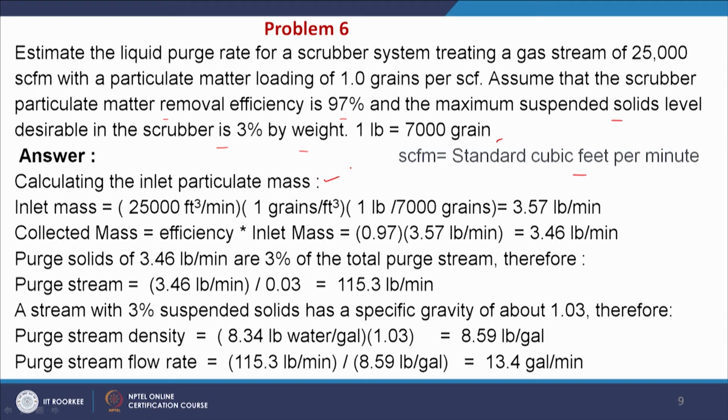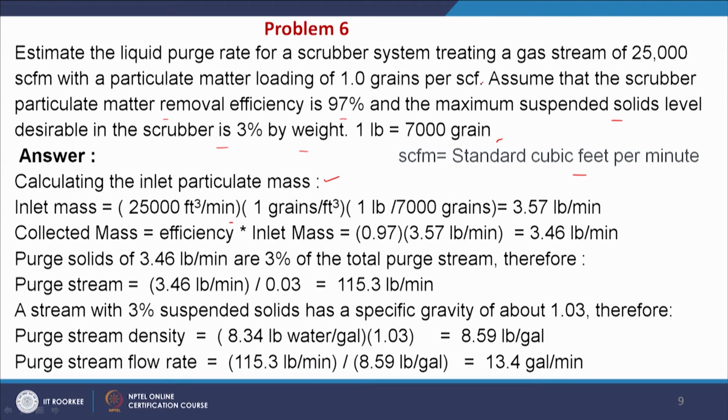So, inlet mass is equal to 25,000 cubic feet per minute, that is the volumetric flow rate, and 7,000 grains is equal to 1 pound, and we have a particulate matter loading of 1.0 grains per cubic feet.